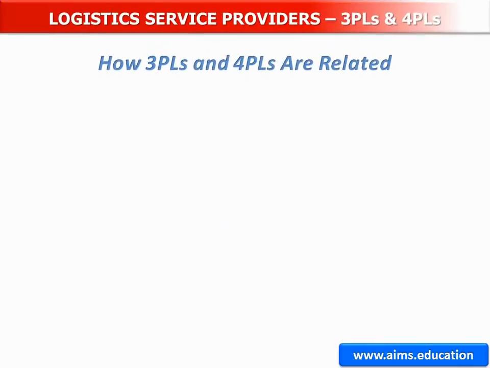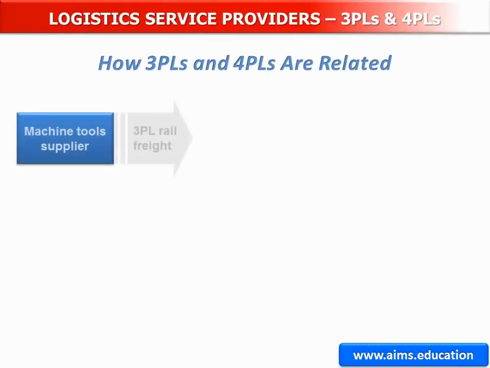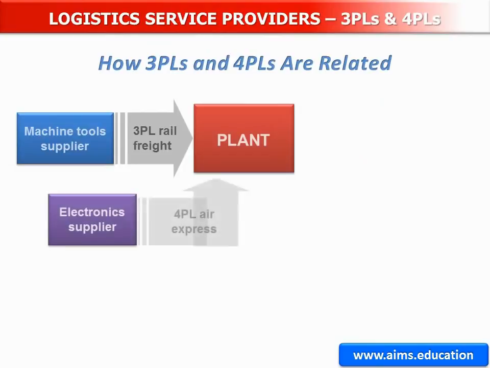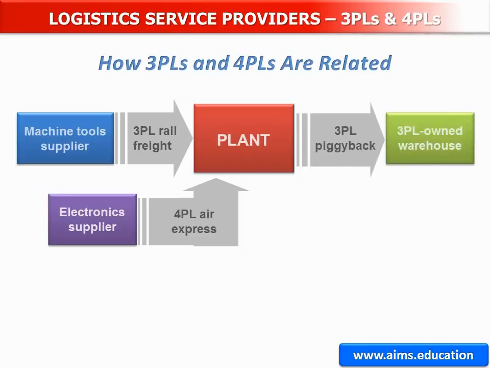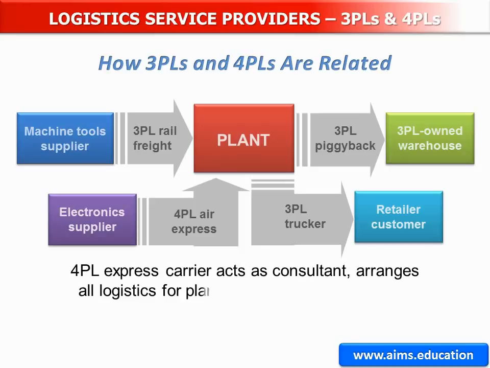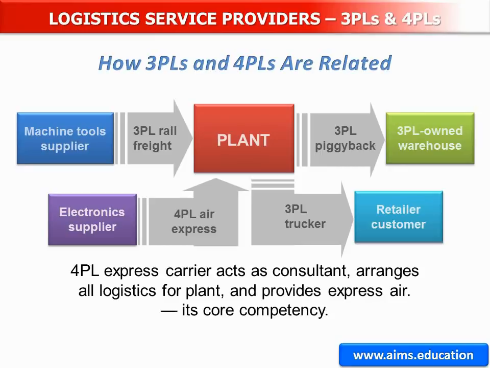In a third-party logistics arrangement, the third party takes over some or all logistics functions and performs them itself. In a fourth-party logistics arrangement, a logistics specialist takes over the entire logistics operation and subcontracts some or all specific functions. The fourth-party logistics express carrier acts as consultant, arranges all logistics for the plant, and provides express air, its core competency.